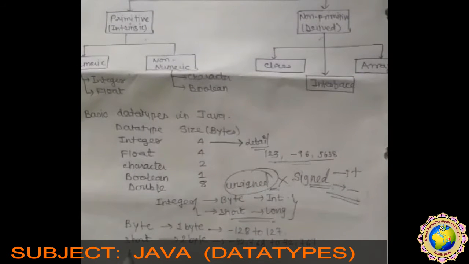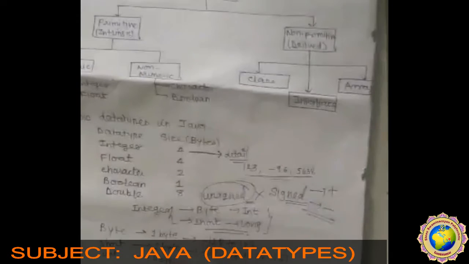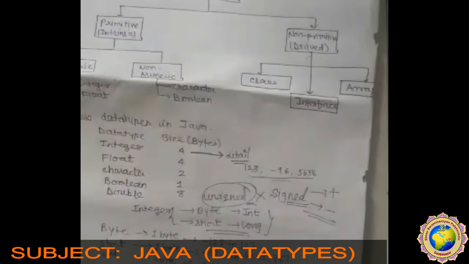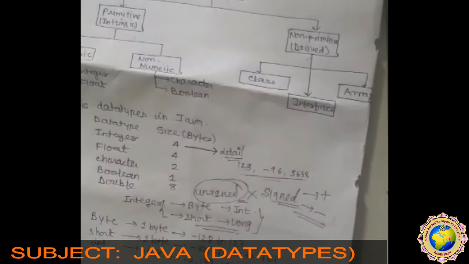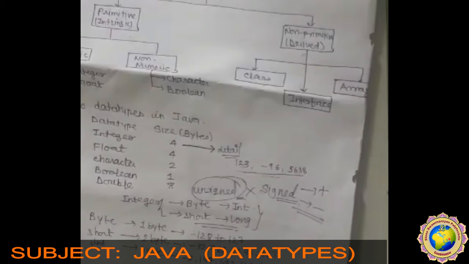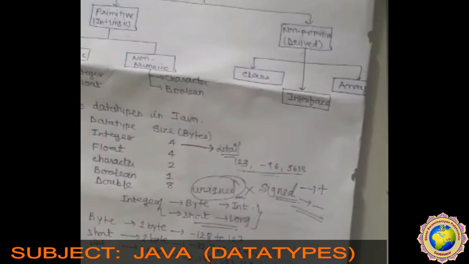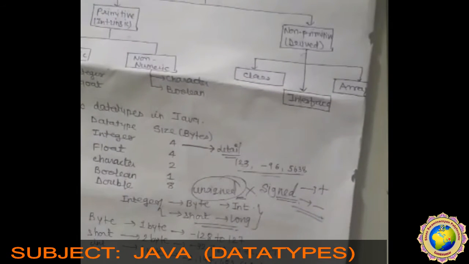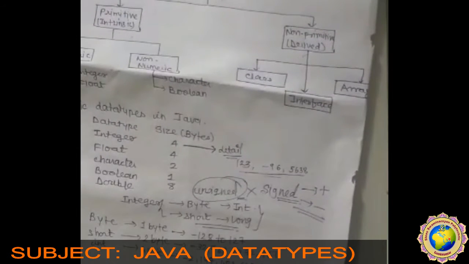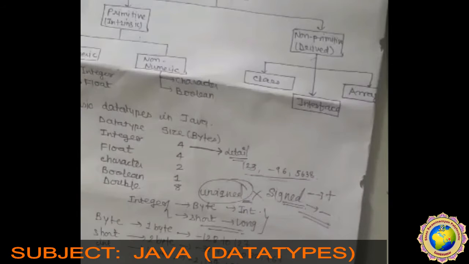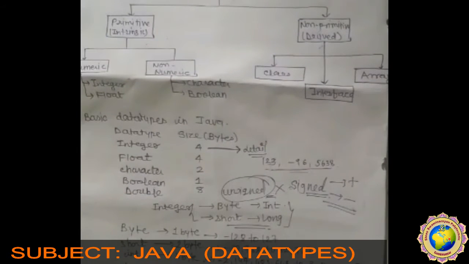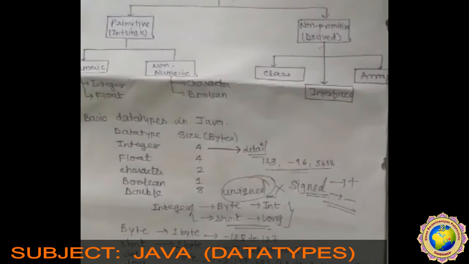Next, integer contains 4 bytes. The value is -2,147,483,648 to 2,147,483,647. Next, long, 8 bytes.